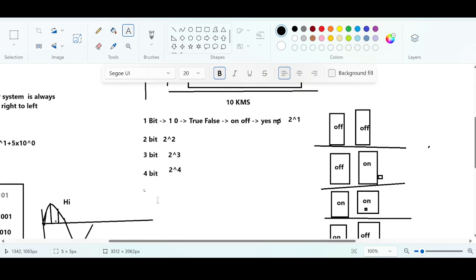Likewise, 8 bits is going to represent how many possible messages that you can deliver? 2 to the power of 8.